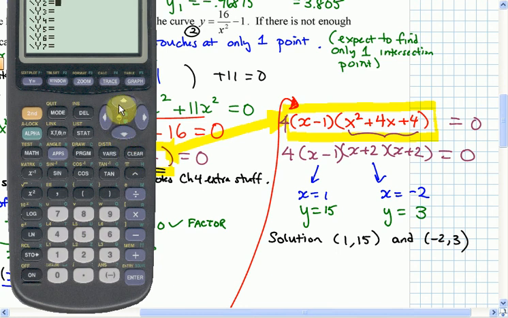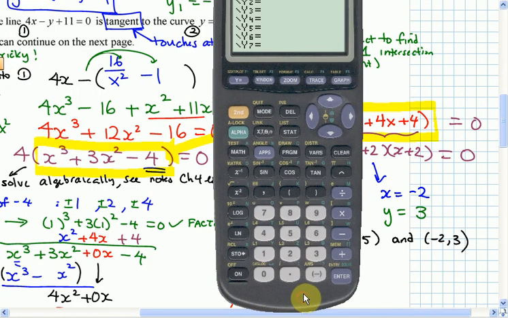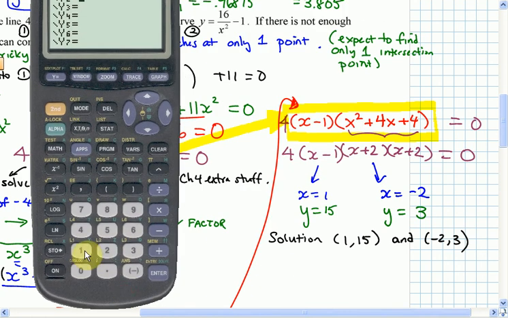I guess I got the first one here of, oh, I have to solve for y, don't I? 4x plus 11. Okay, so 4x plus 11. That's what Edison says. 4x plus 11. And the other one is 16 divided by, now put a bracket around here, please, x squared minus 1.